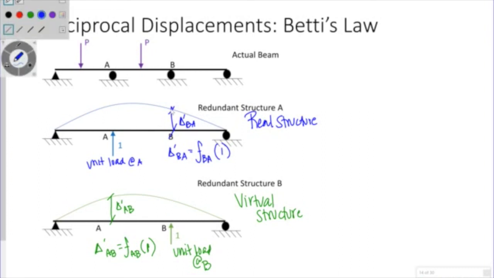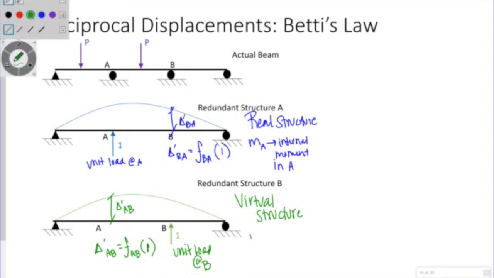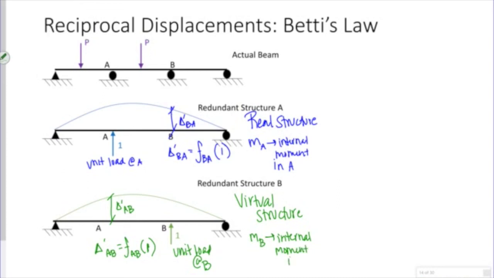So I solve for MA, internal moment in my real structure A, and I solve for MB, which is my internal moment in my virtual structure B.